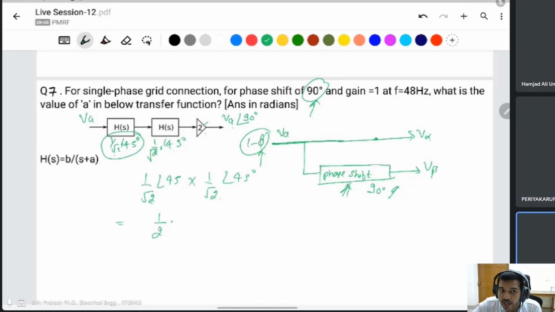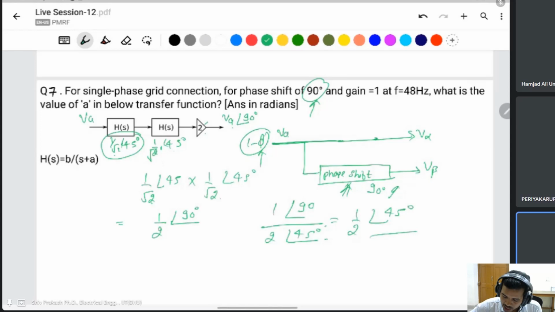But in multiplication the angles will be added. The angle will be 90 degrees. In division, the angles will be subtracted. Same thing, if you take 1 at angle 90 degrees divided by 2 at angle 45 degrees, then overall it is 1 by 2 at angle 45 degrees. In division, angles are subtracted, and in multiplication, angles are added.